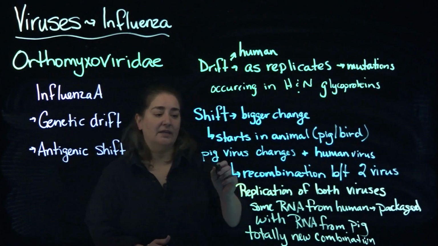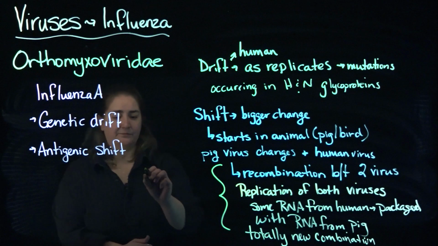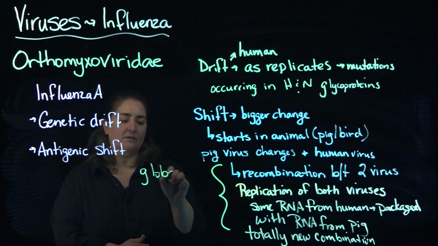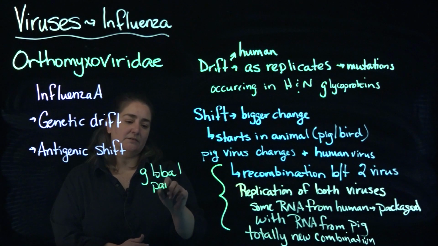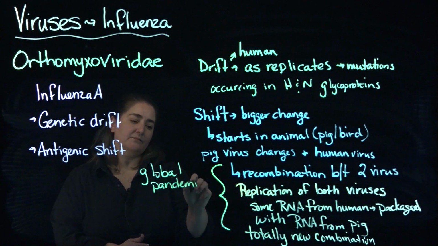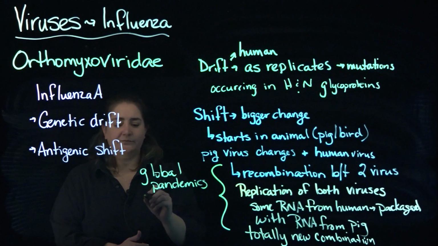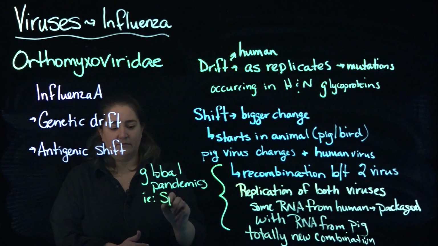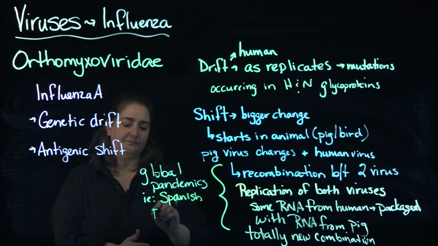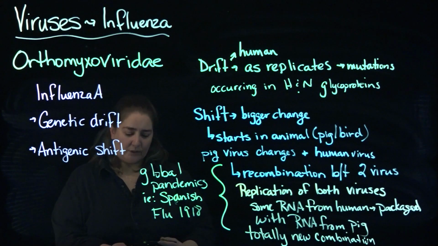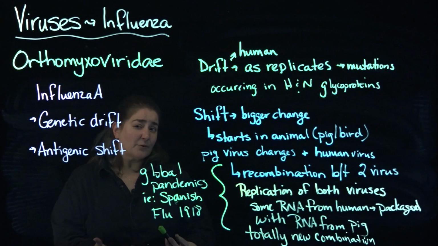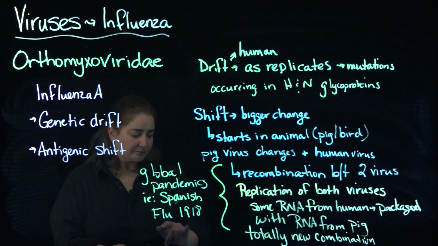And when there have been global pandemics associated with the flu, like the Spanish flu that happened in 1918, which wiped out roughly 3 to 5% of the total world population at the time it happened.